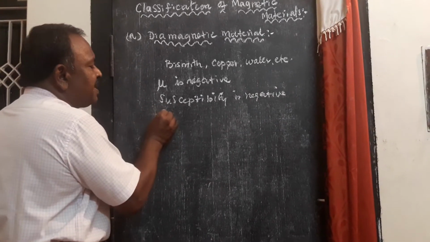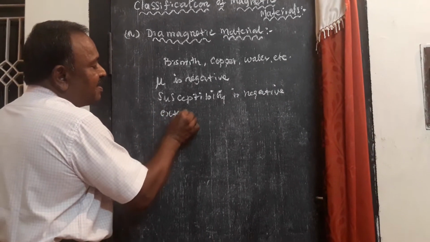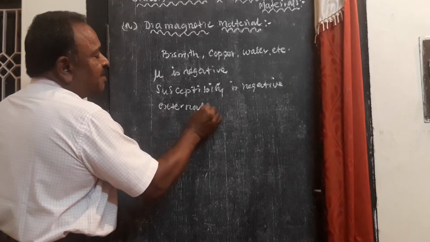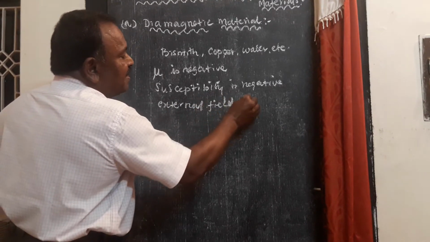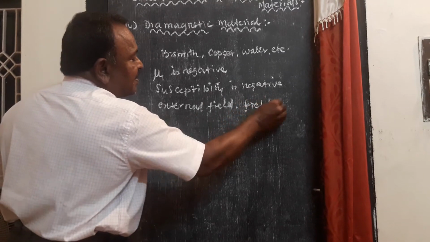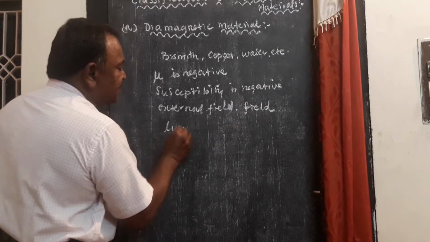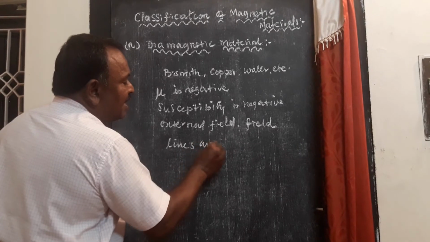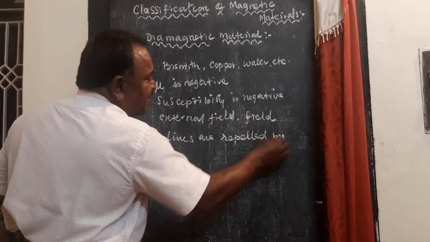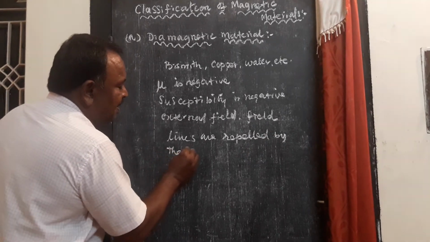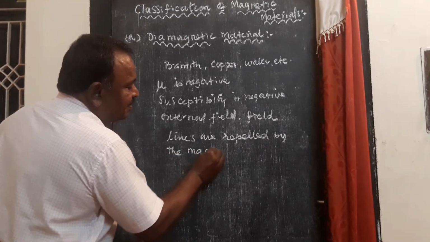When this material is kept in an external field, the field lines are repelled by the magnetic material.